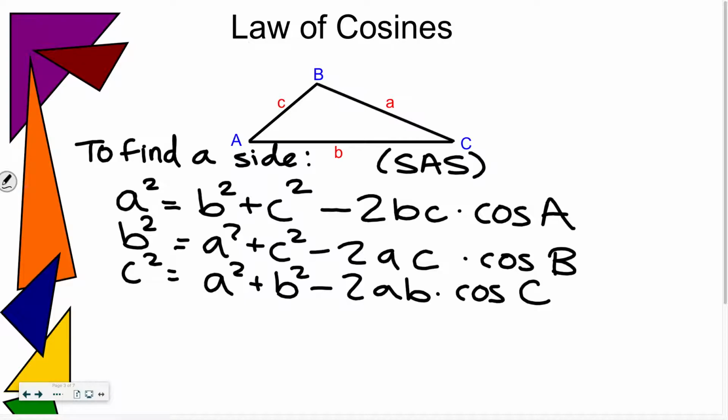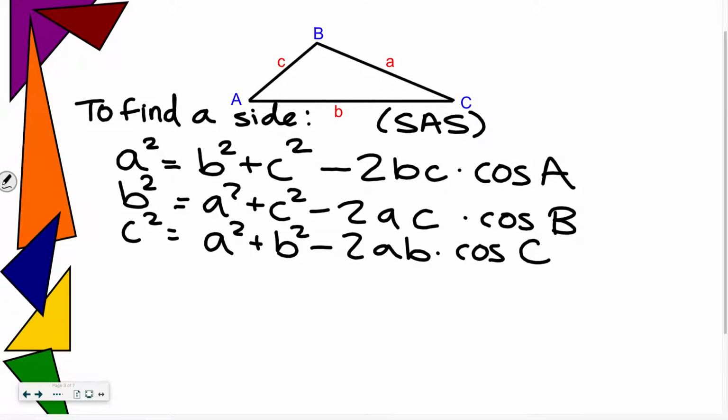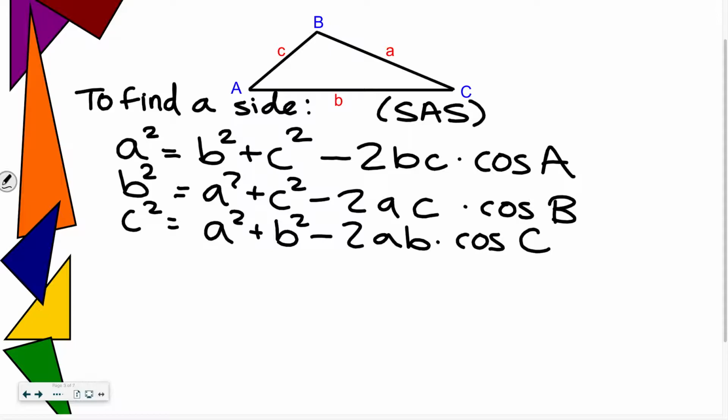When I tell my pre-calculus students, like when we do law of cosines, I just tell them, memorize one of them, and then you can apply it to any. It's like the side that you're trying to find, you have to know the other two sides and the angle in between them. So like just plug them in. Now, the other version of law of cosines is not side, angle, side, but side, side, side.